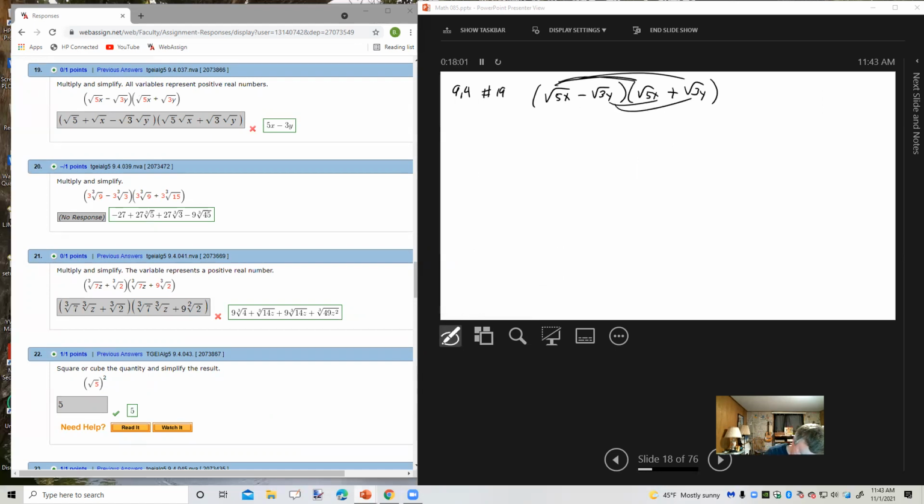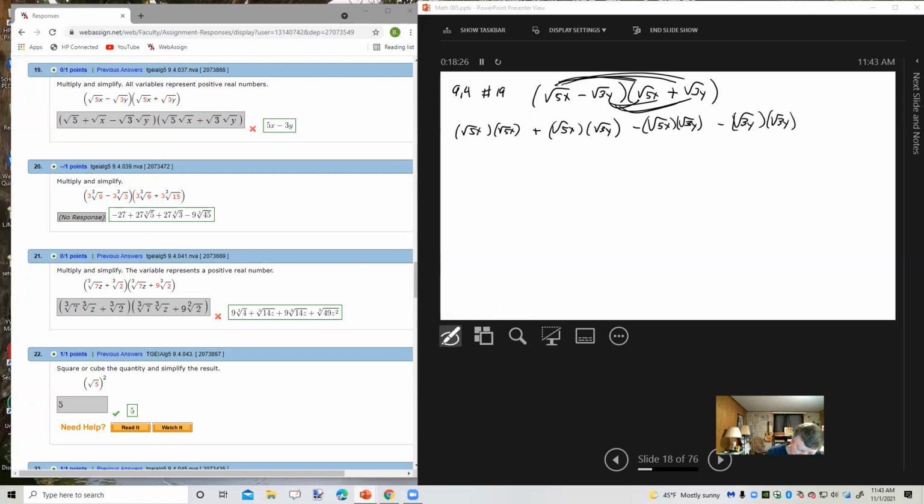Let's see, we've got the square root of 5x times the square root of 5x plus the square root of 5x times the square root of 3y minus the square root of 5x times the square root of 3y minus the square root of 3y times the square root of 3y.